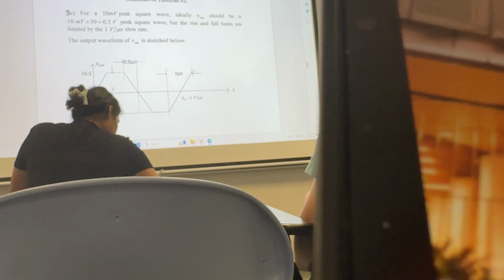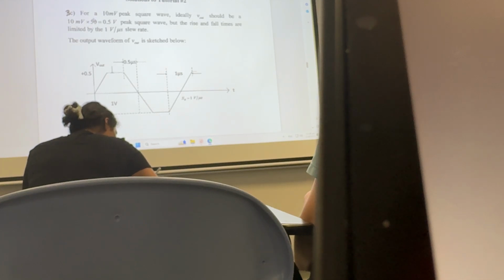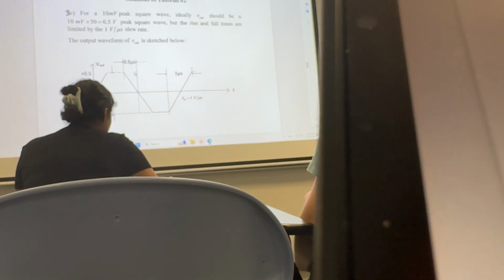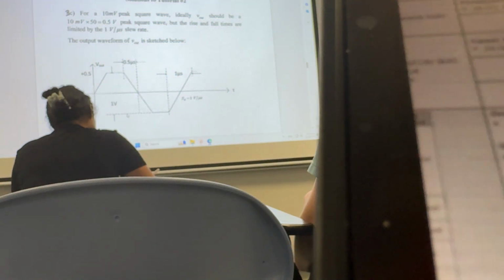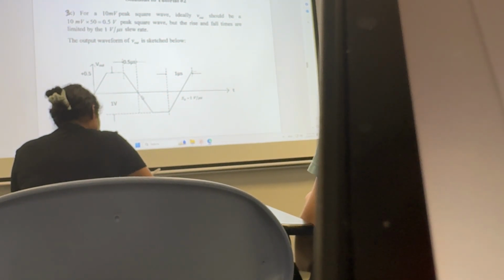Now remember that 10 millivolt peak, right? So multiplied by 50 times, you can see 0.5 volt. Here is 1 volt, and the time is based on the slew rate, which is 1 volt per microsecond, right? This is 1 volt per microsecond. For a 1 volt swing, the time is 1 microsecond, so you can draw the waveform.